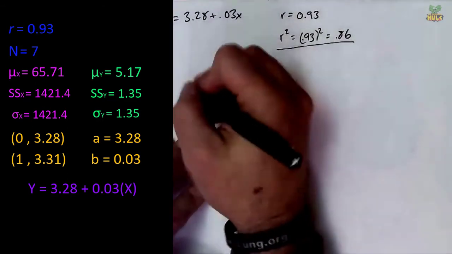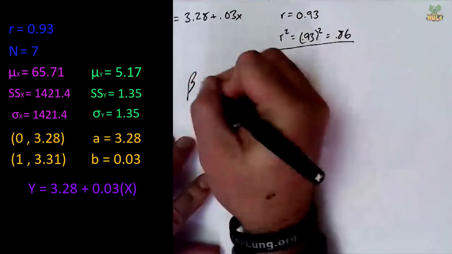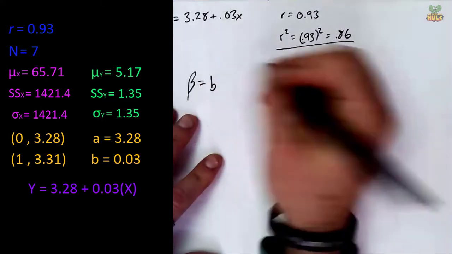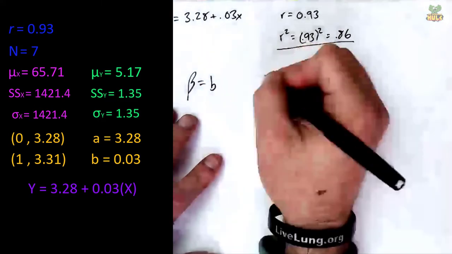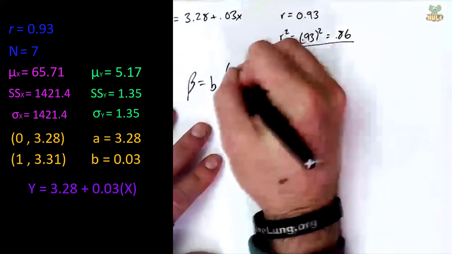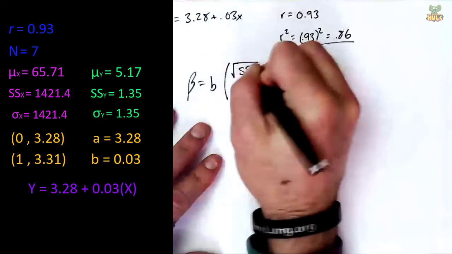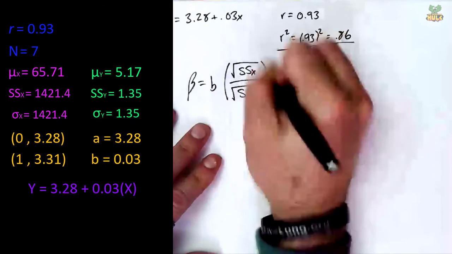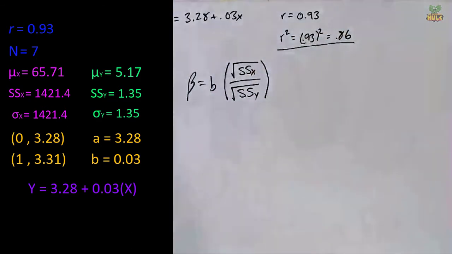The other thing we want to do is calculate beta, right? Our beta weight is our standardized slope, so that's our existing slope, b, times the square root of sum of squares x over the square root of sum of squares y. Remember, again, we've already figured out all of these data, right?